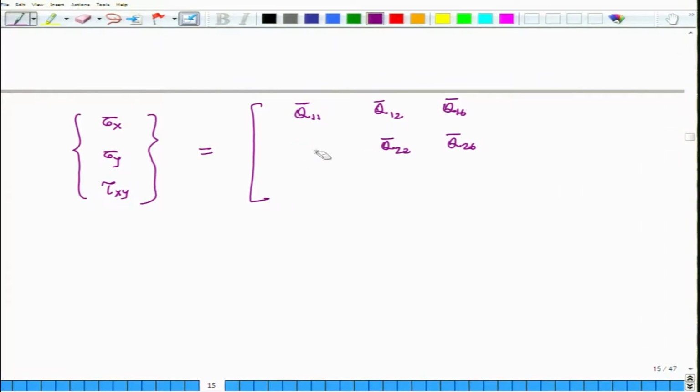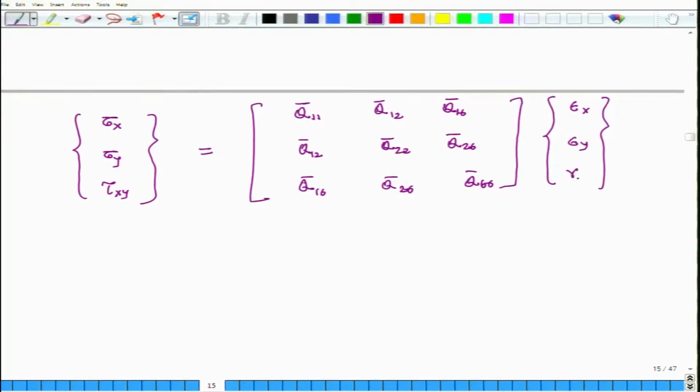The first element is Q12 bar, because it is a symmetric matrix, and the last line is Q16 bar, Q26 bar and Q66 bar times the appropriate strains. The appropriate strains are epsilon x, epsilon y and the shear strain gamma xy.